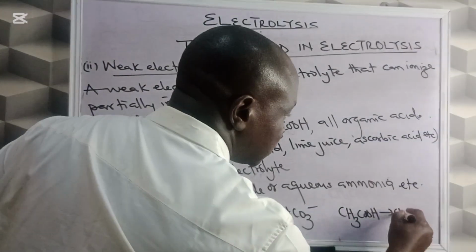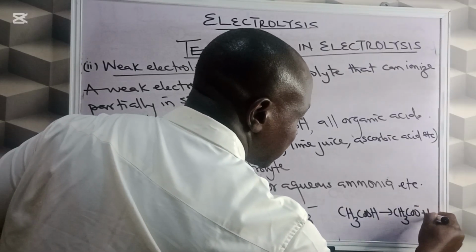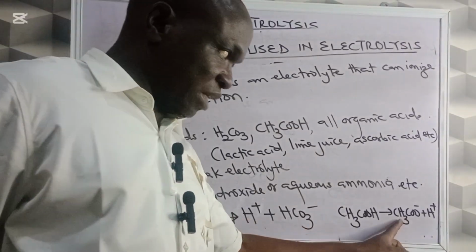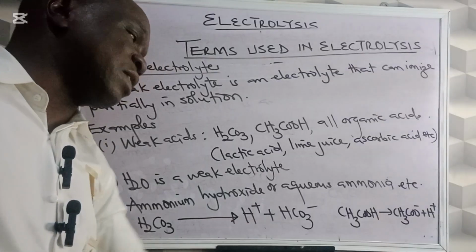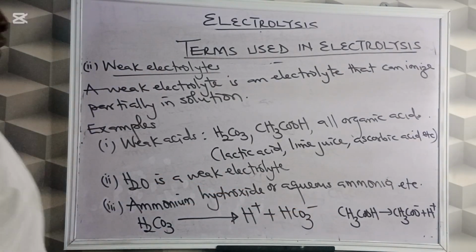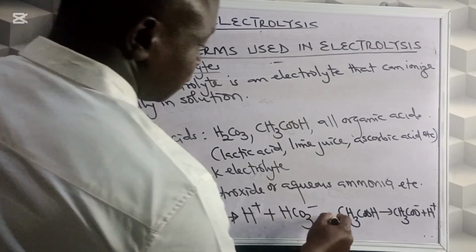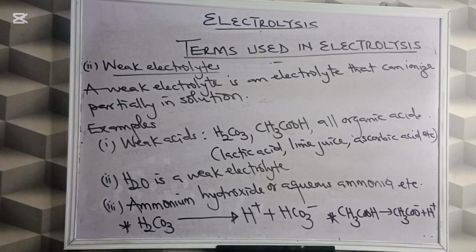It ionizes to CH3COO minus, the ethanate ion, plus hydrogen ion. So it can only release 1, because it is very weak. So it ionizes partially in solution. Take note of this. This is what we are saying by weak electrolytes.